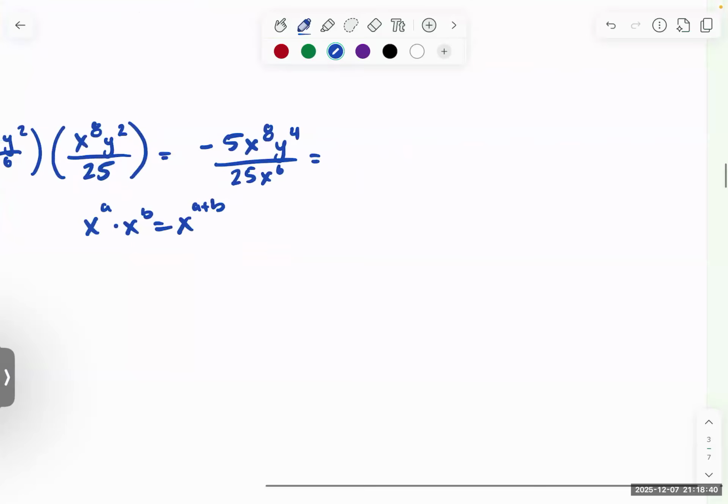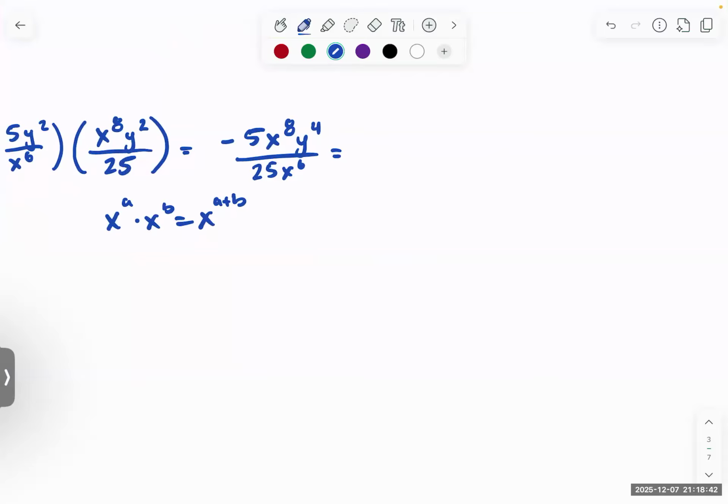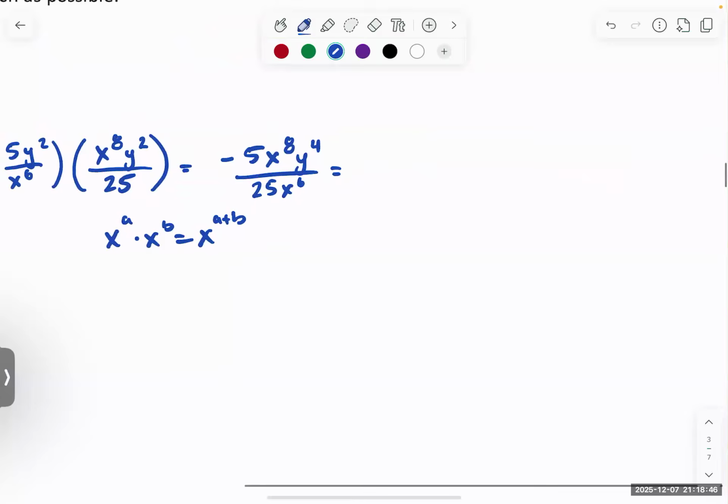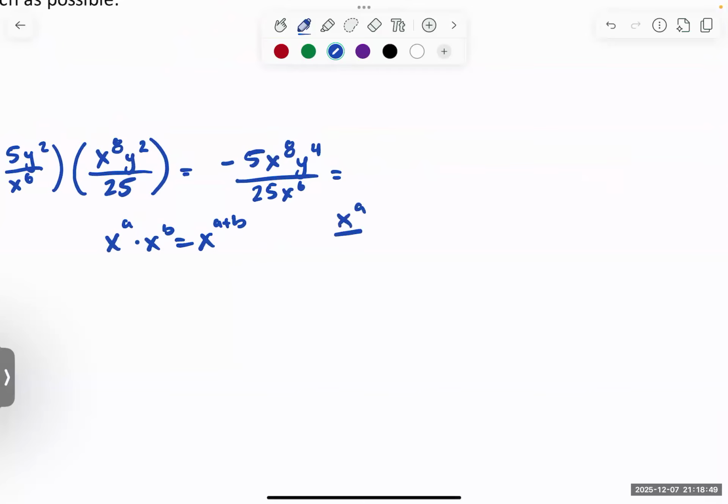Simplify everything. Now we're doing, if I have x to the power a over x to the power b, this is just equal to x to the power a minus b. That's because this transforms into negative x to the power 2, y to the power 6 over 5.